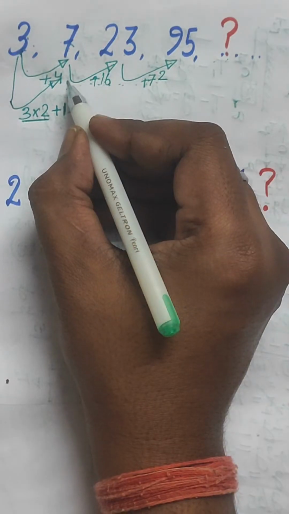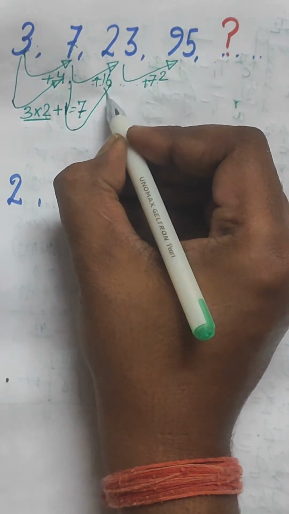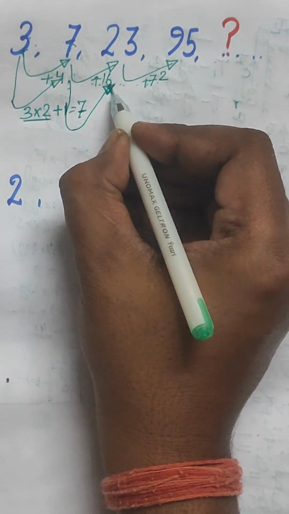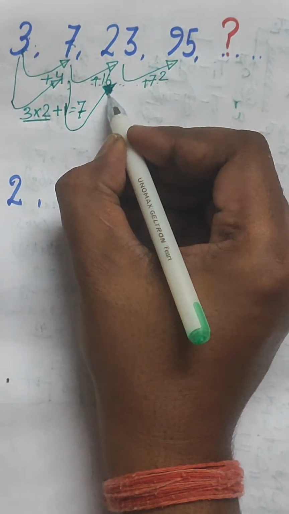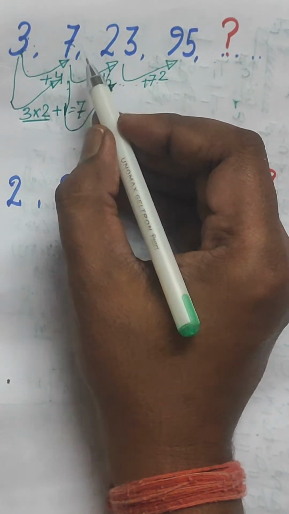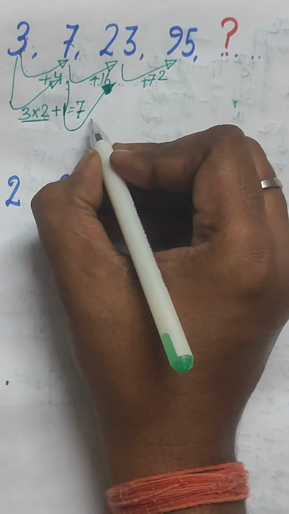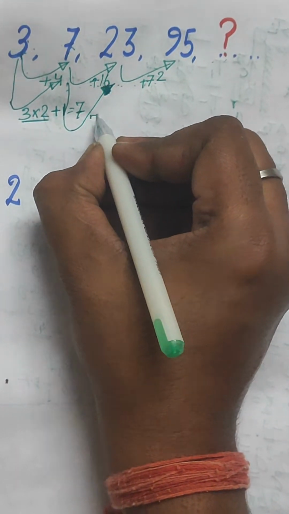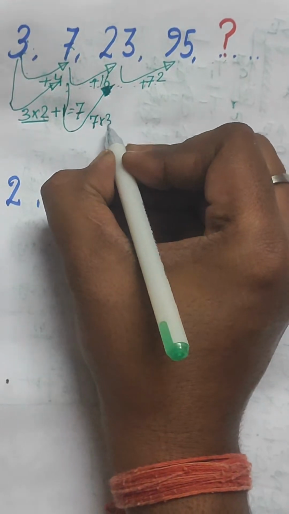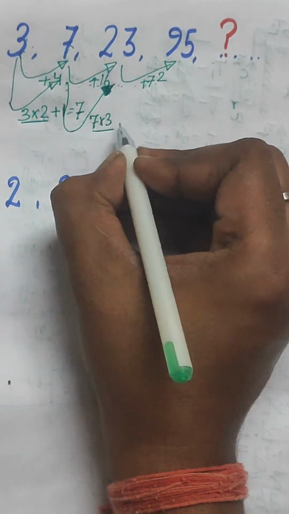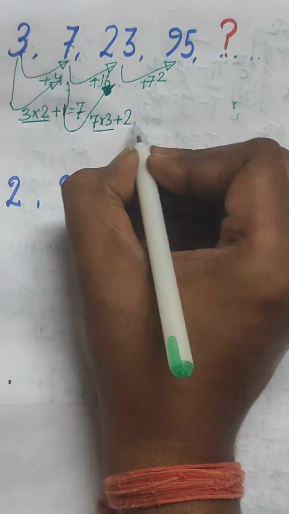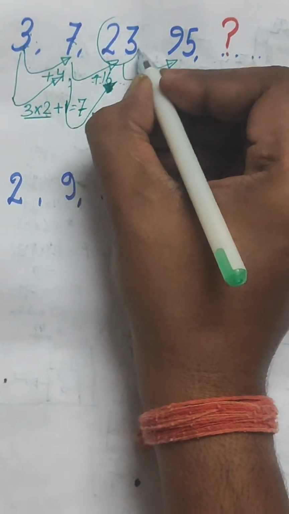Similarly, 7 multiplied by 3 will be 21, and 21 plus 2 is nothing but 23.